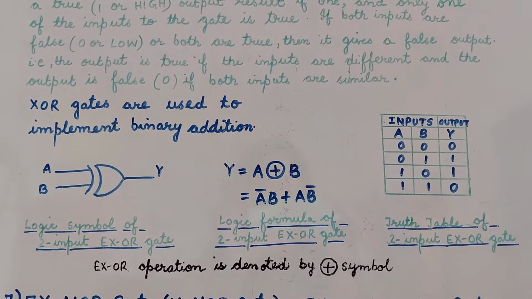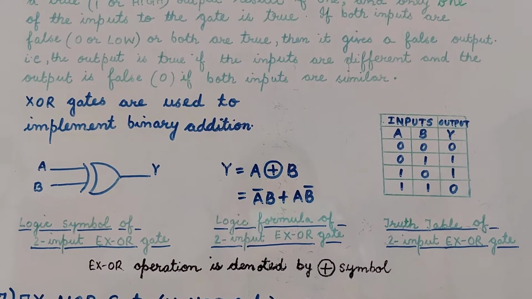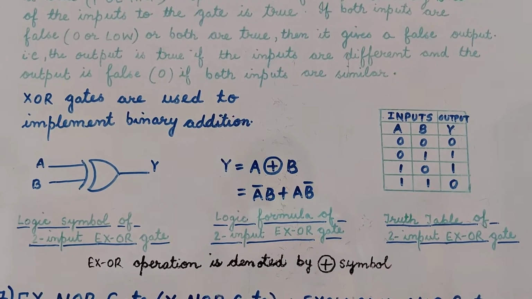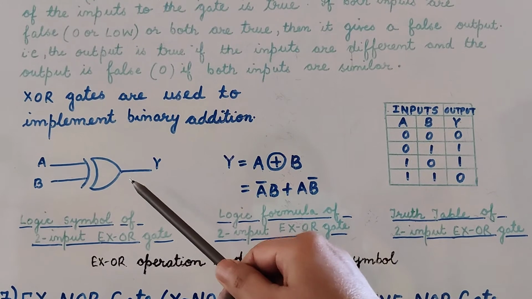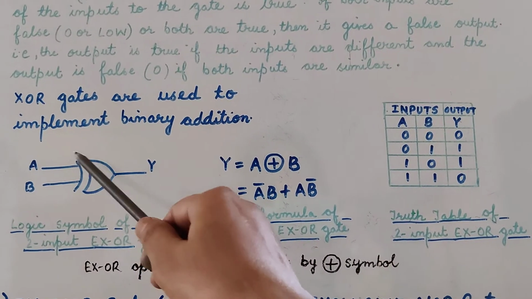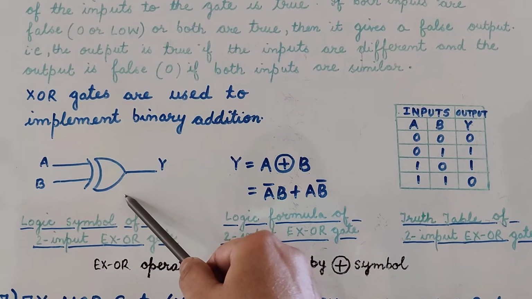Figure shows the logic symbol, the logic formula and the truth table for 2 input XOR gate. An XOR gate can be represented by this logic symbol.